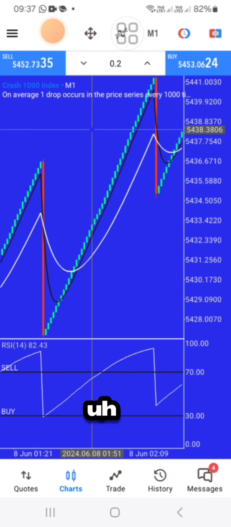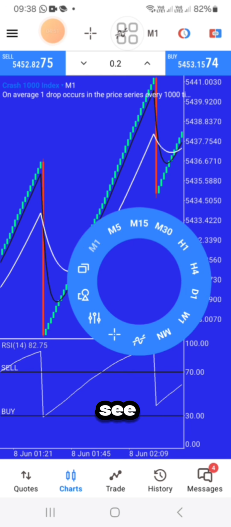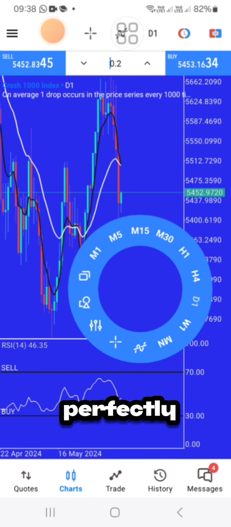With this strategy, to increase its effectiveness and be more accurate, you need to identify the prevailing trend in that particular market on higher time frames. For example, on the H4, you can see this was working perfectly. Why?